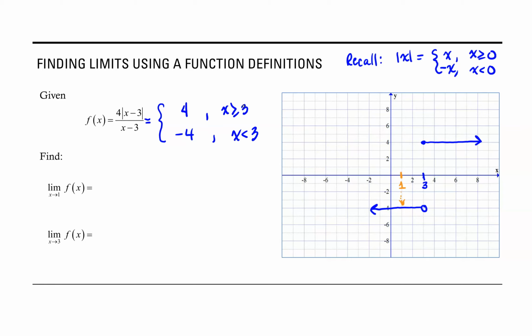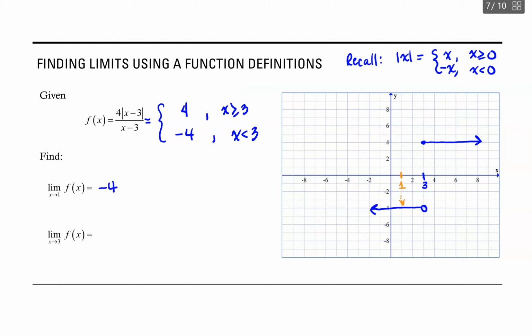We ask ourselves, first of all, is 1 greater than or equal to 3? That's not true, so we're not using the first portion of the function. Then we ask ourselves, is 1 less than 3? Yes, that's true. That means that f of 1 is equal to negative 4. Limit is what happens when x approaches 3.